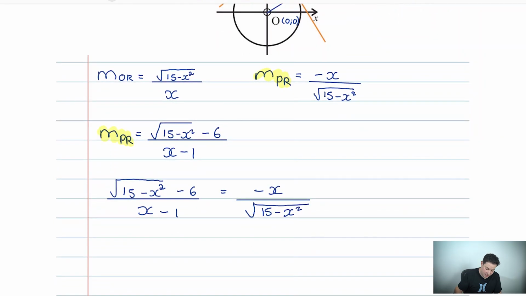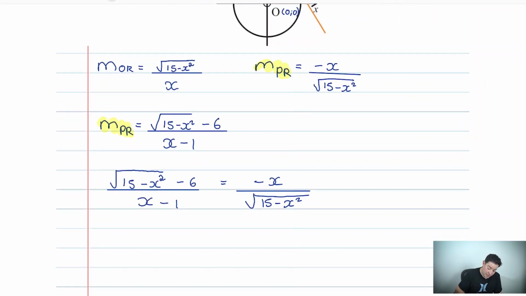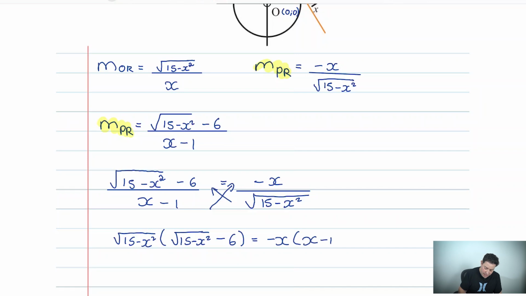Don't forget not to leave it out. So now we're just going to simply cross multiply. This goes straight into grade 10 and 11 maths, where we're going to have the square root of 15 minus x squared into the square root of 15 minus x squared minus 6, is equal to minus x times x minus 1.